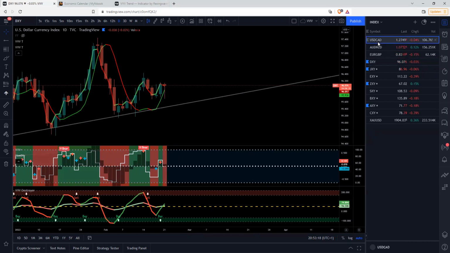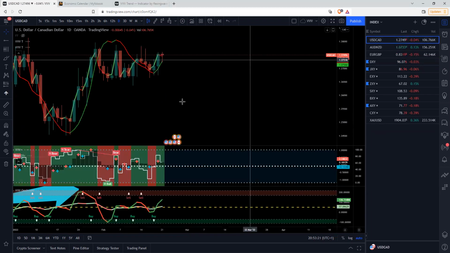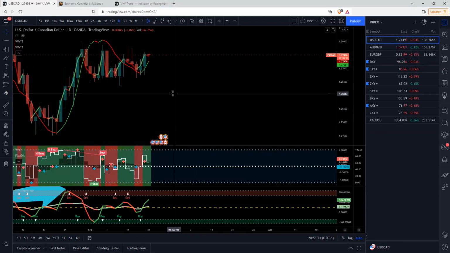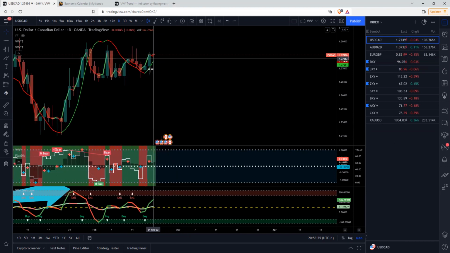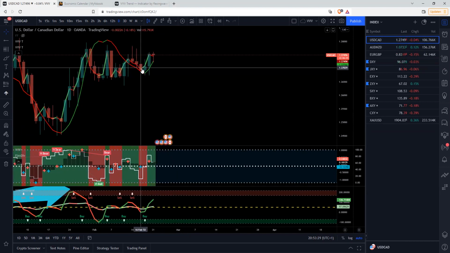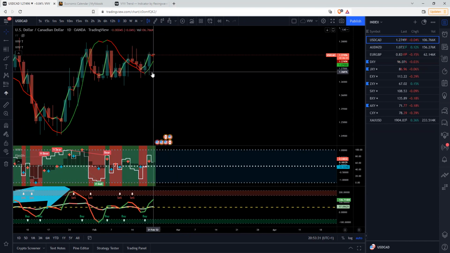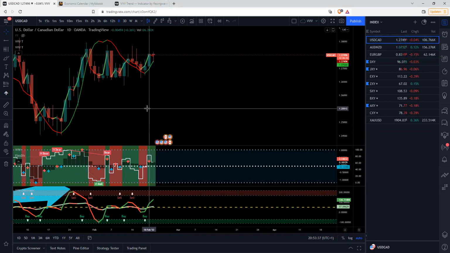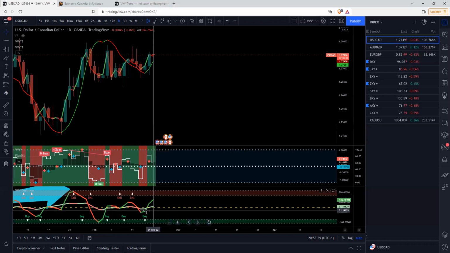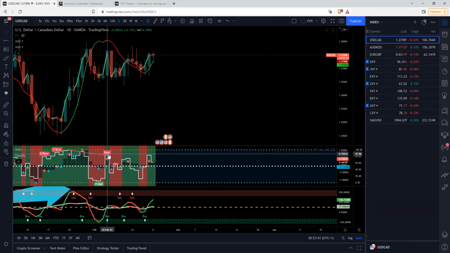And let's see what the USD CAD is saying to us on daily. It's looking beautiful actually. We broke out, right? We got a buy signal. We got the colors, 4 colors. All right, we are above the main line. We got the cross, so we are above the main line here as well.